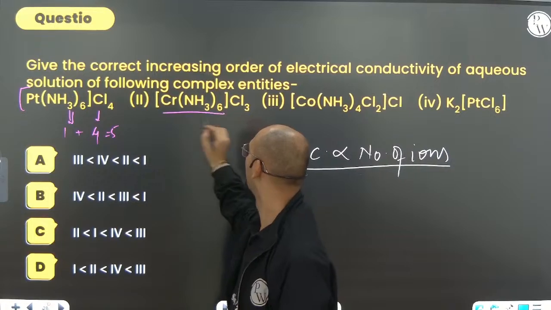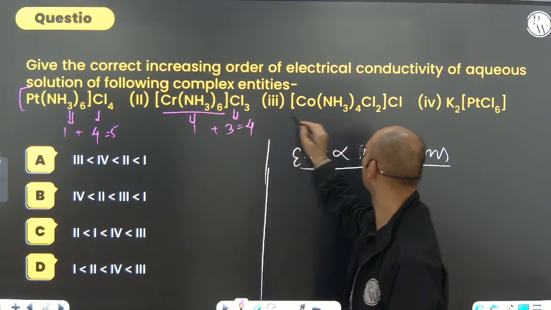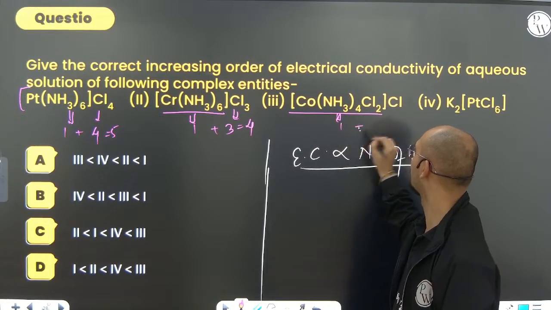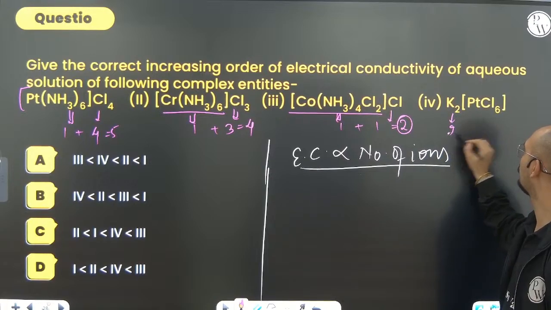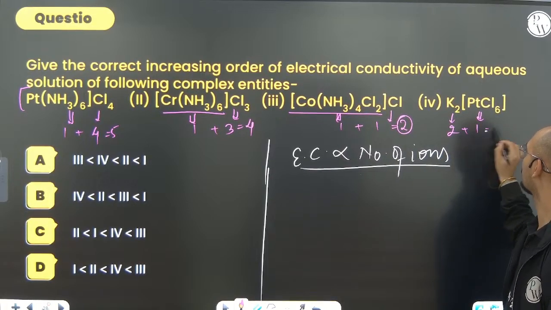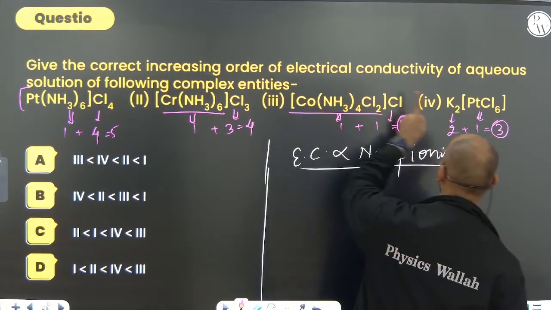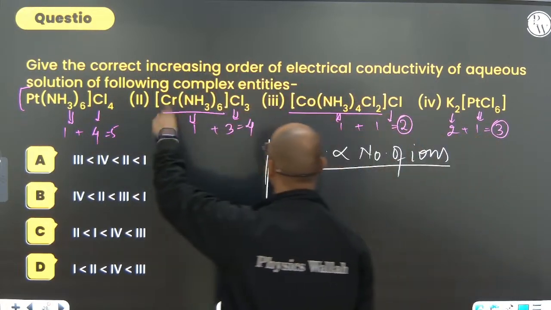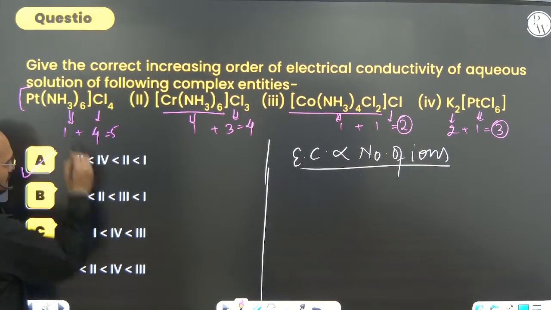One complex and how many chloride? 3. 1 plus 3 is how much? 4. One complex and how many chloride is there? 1. So overall 2. Two normal and 1 complex is 3. So maximum will be 5, then 4, then 3, then 2. The order is 1 is more than 2 is more than 4 is more than 3.